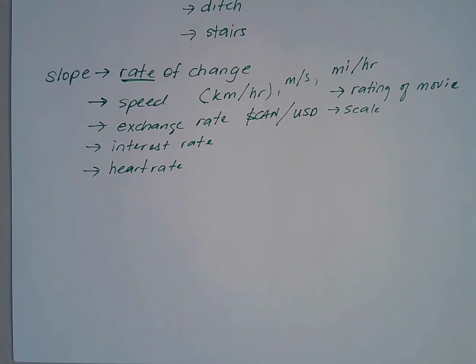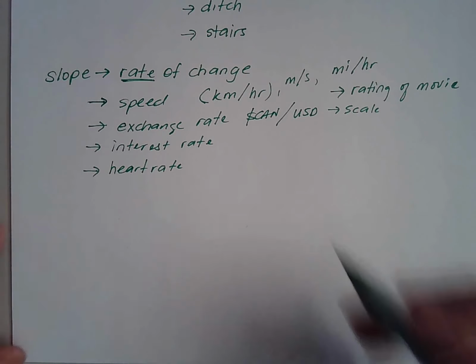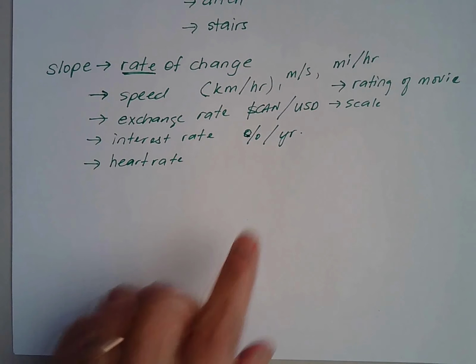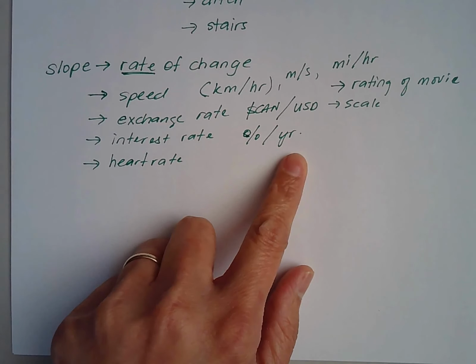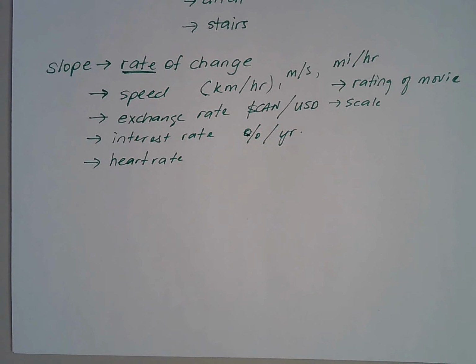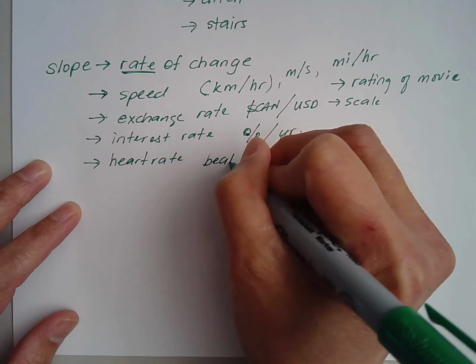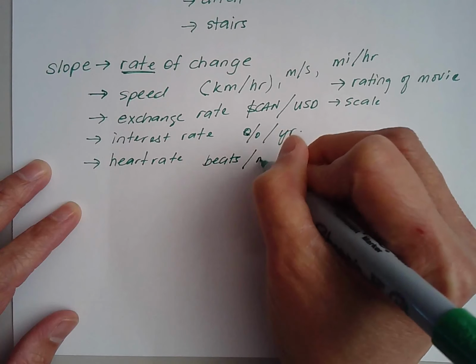Good. What about interest rate? Percent per year. Annual interest rate, right? Percent per year. Yes. Heart rate. BPM, beats per minute.